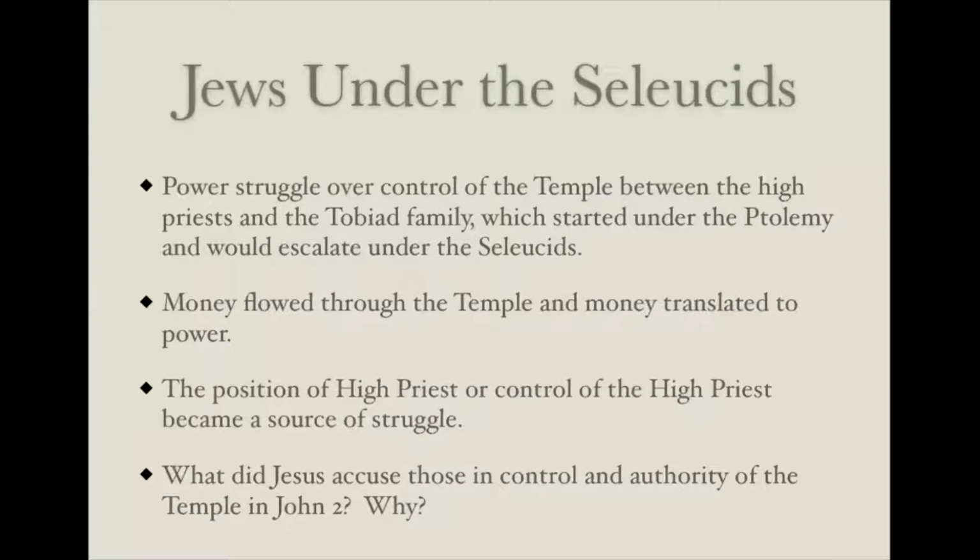So, here's a question for you guys. John 2, what did Jesus accuse those in control and in authority of the temple of, and why? You guys remember John 2, what Jesus did?